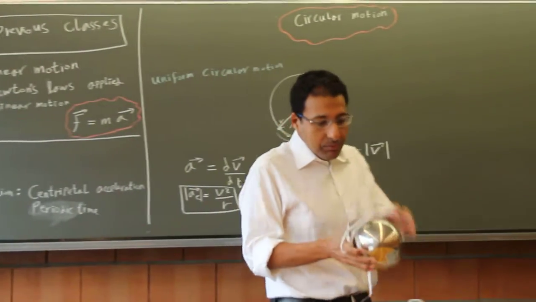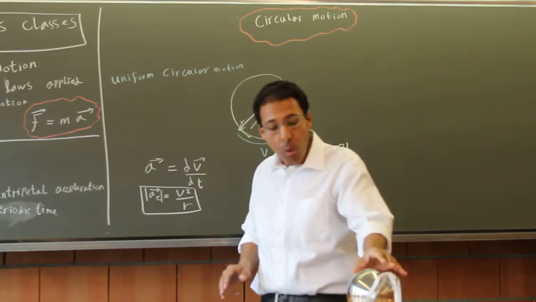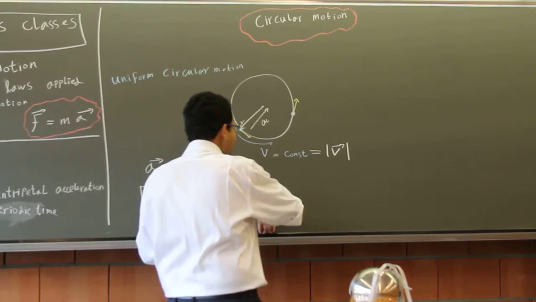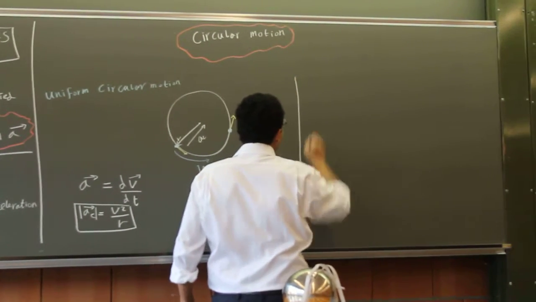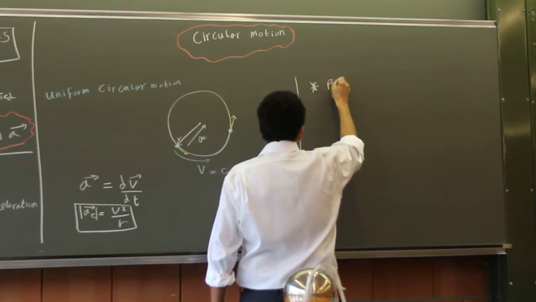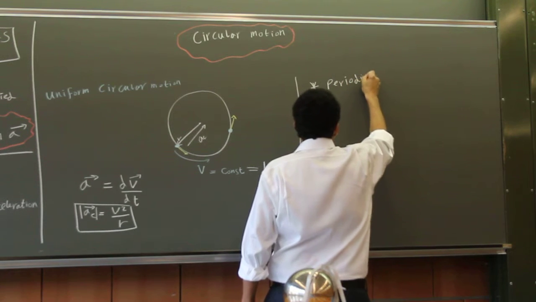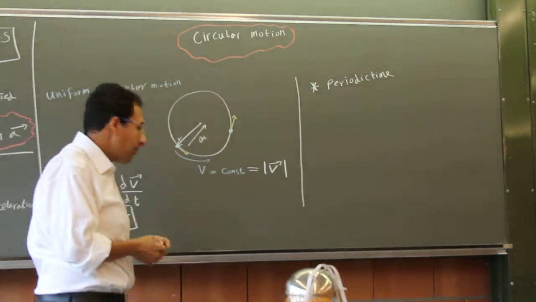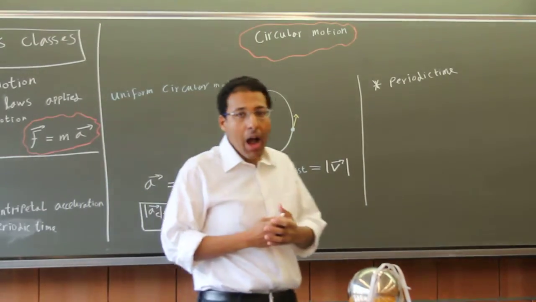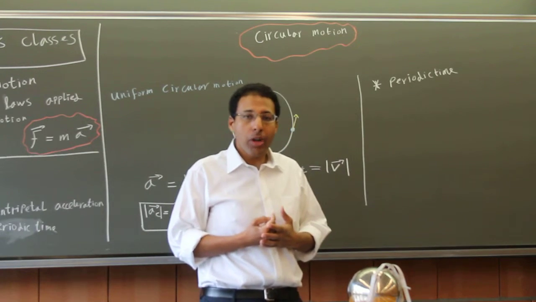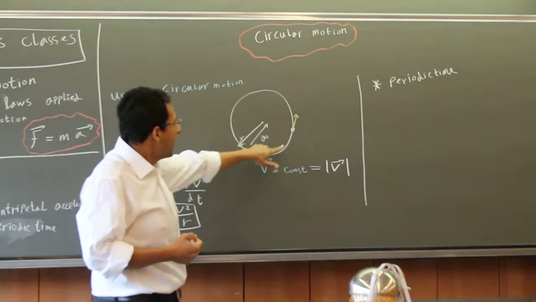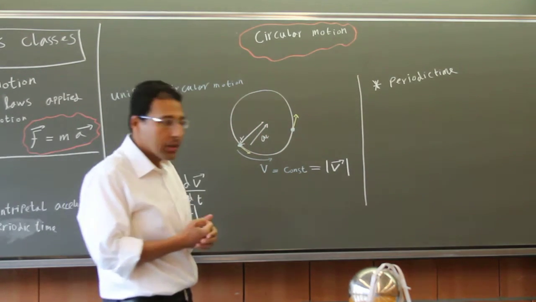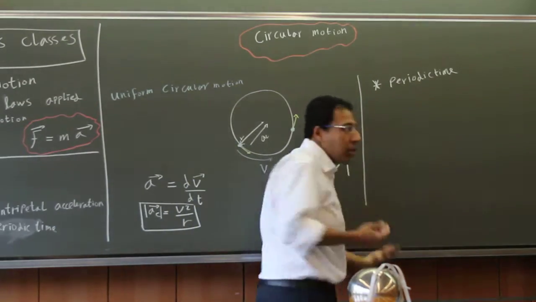Okay, good. So now let me move on to another concept, which is the periodic time. So what is the periodic time? The periodic time is defined as the time needed for our particle to make one complete cycle around this circle. How do we compute it? It is very easy, right?